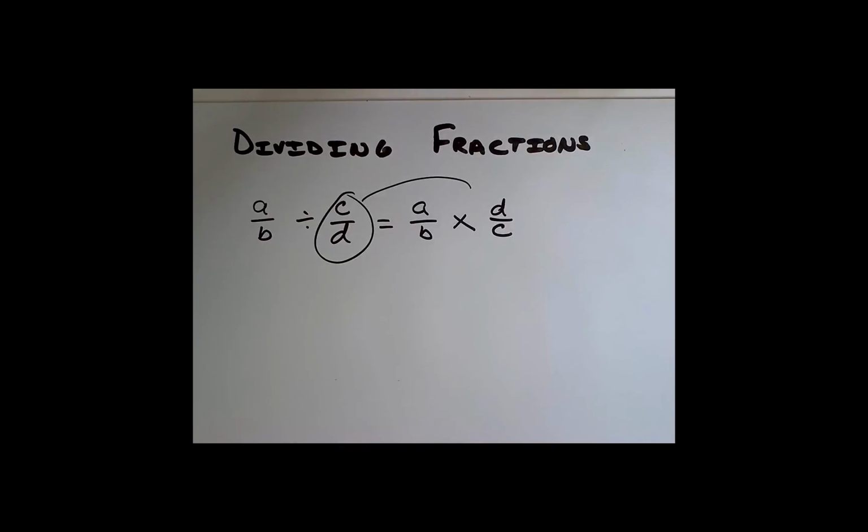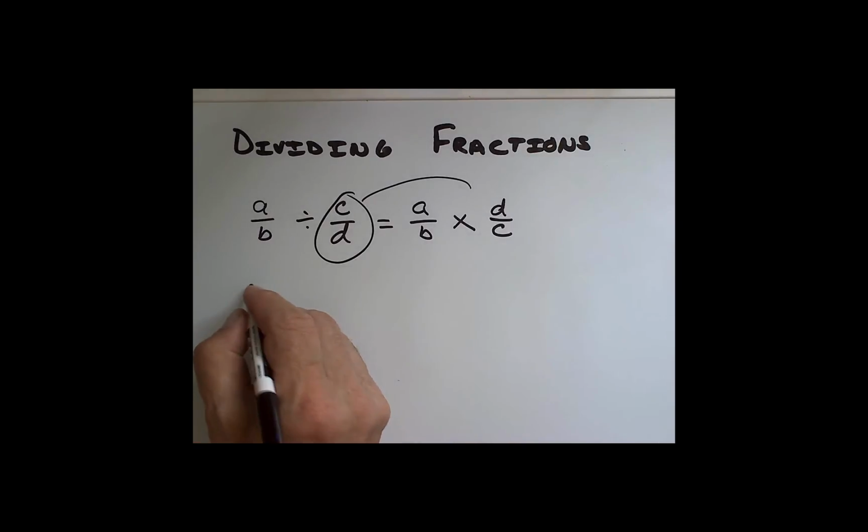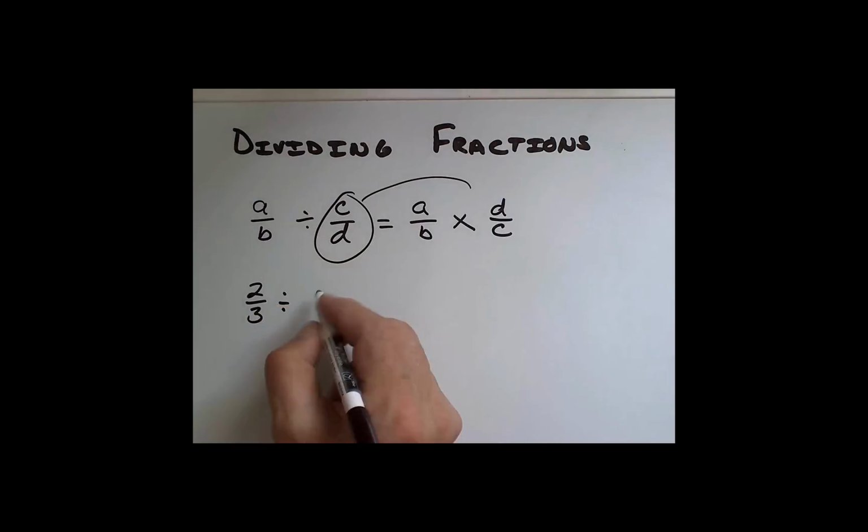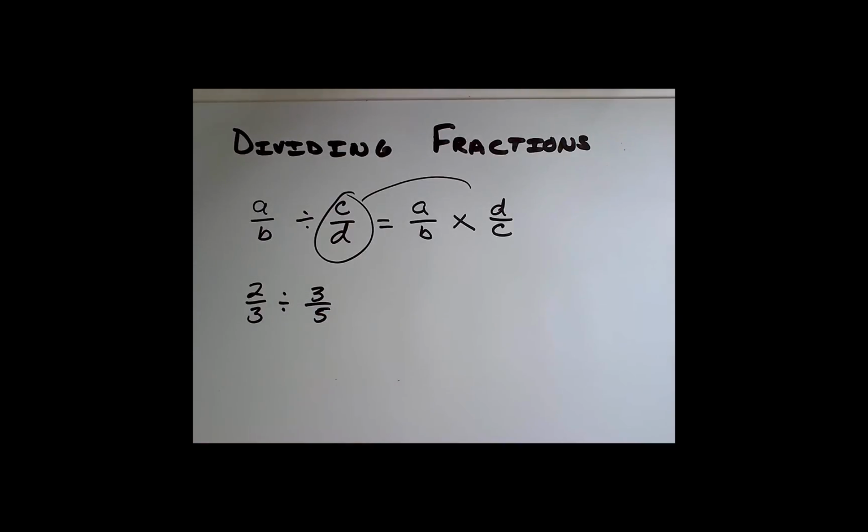So if we were looking at a real fraction dividing, let's say we had 2/3 divided by, let's say, 3/5. If we were going to divide this, we could take the reciprocal of 3/5 and multiply.